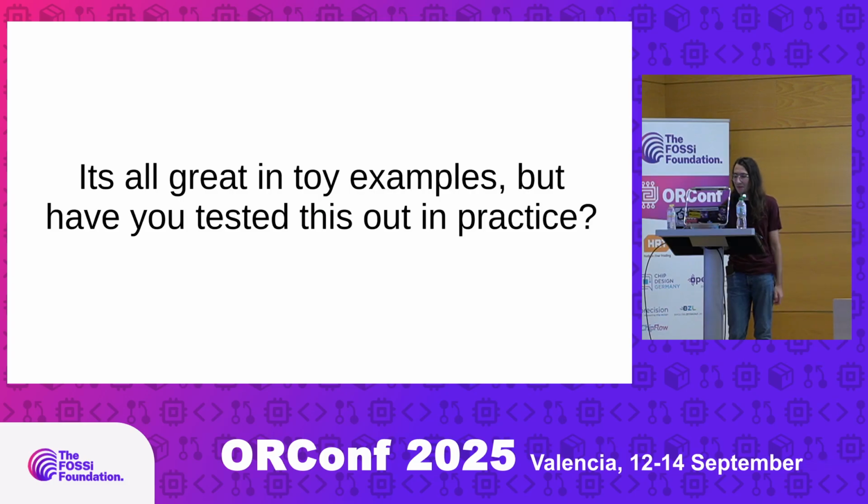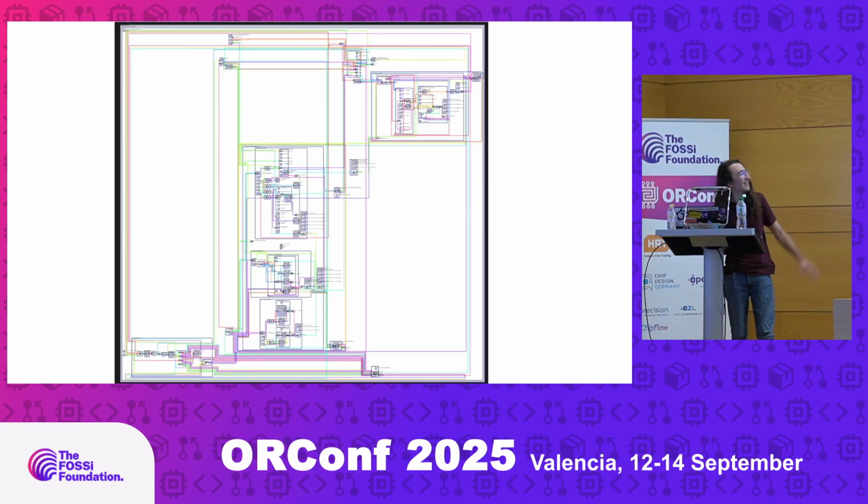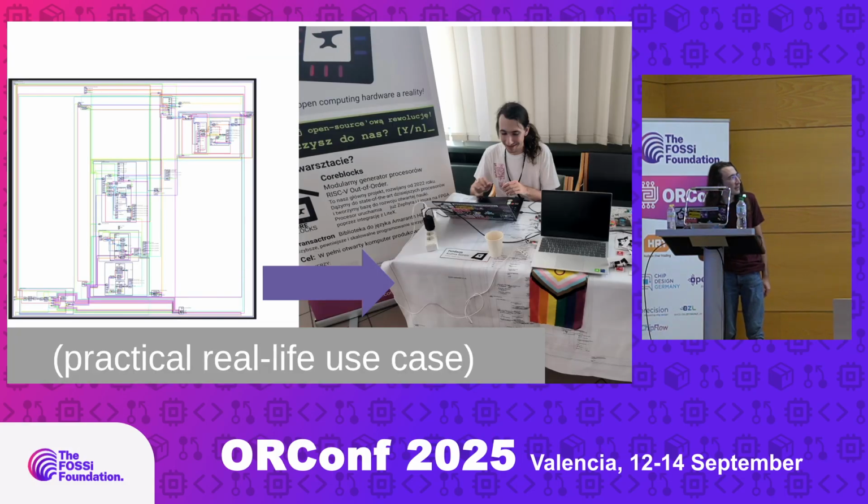And okay, it's all great in examples, but have you tested this out in practice? Short answer, yes. That's an exported schematic of a design that we've worked on for the last 3 years that is purely transactional. You can see it's quite big. Is it useful? Yes, I use it as a tablecloth at conferences.